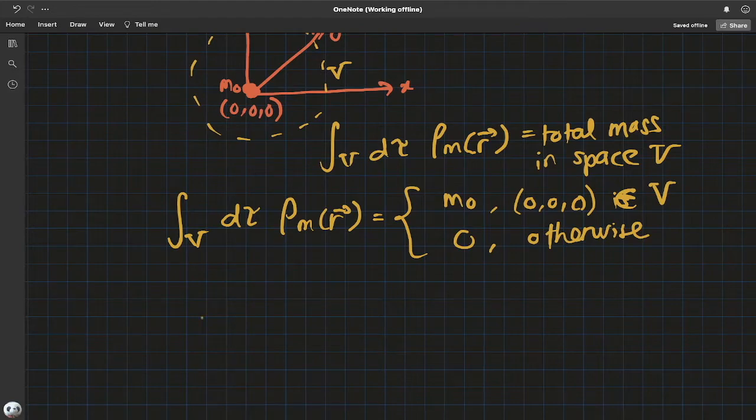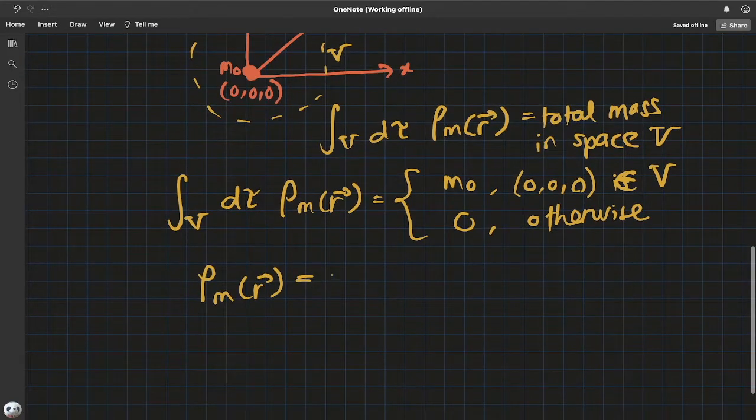So the way to do this, the way I'm gonna show you now, is write the density function as m naught times delta x, delta y, delta z.